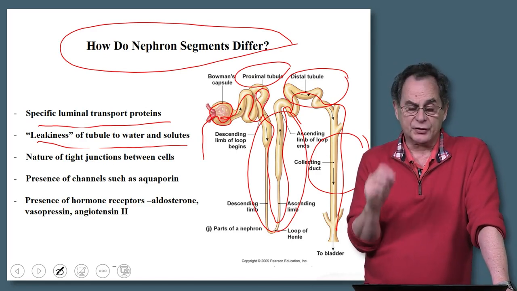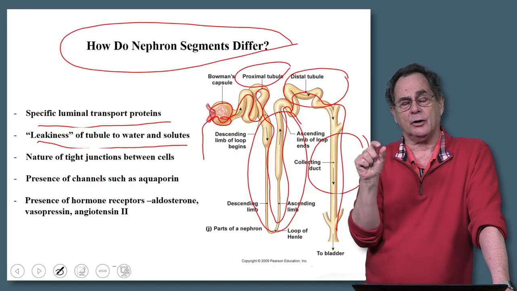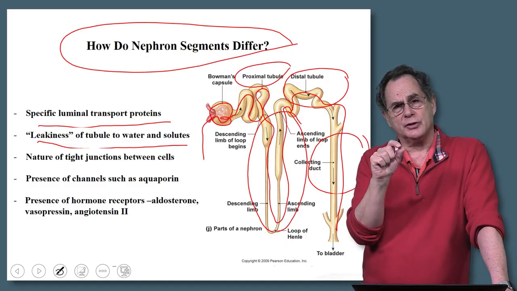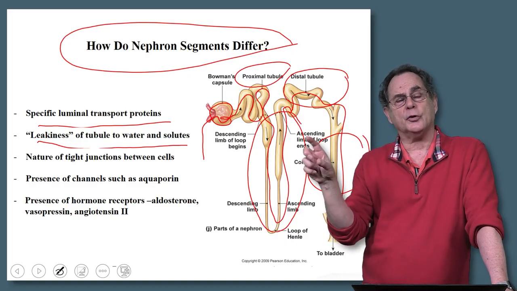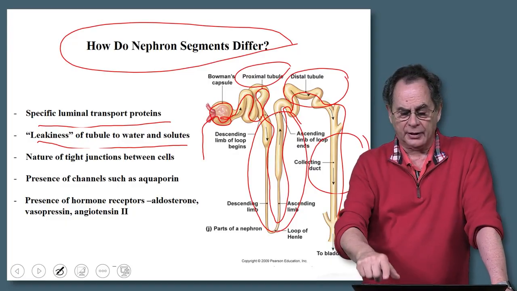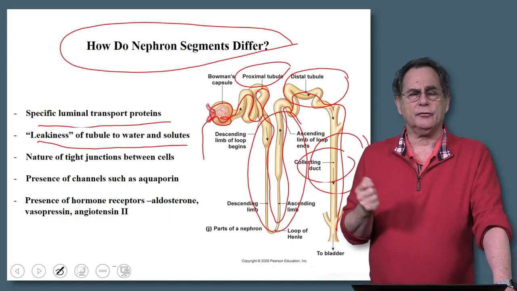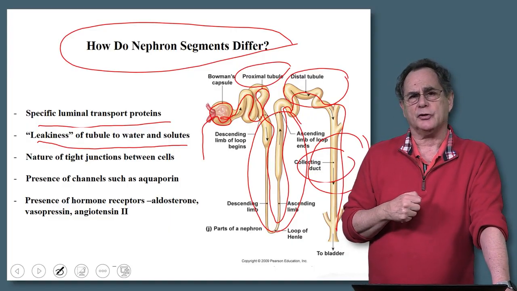And then the presence of aquaporin channels within the luminal and basolateral membranes also facilitate, or not, the movement of water across those segments. And we're going to talk particularly in the collecting duct about how the regulation of water channels influences cell permeability to water.